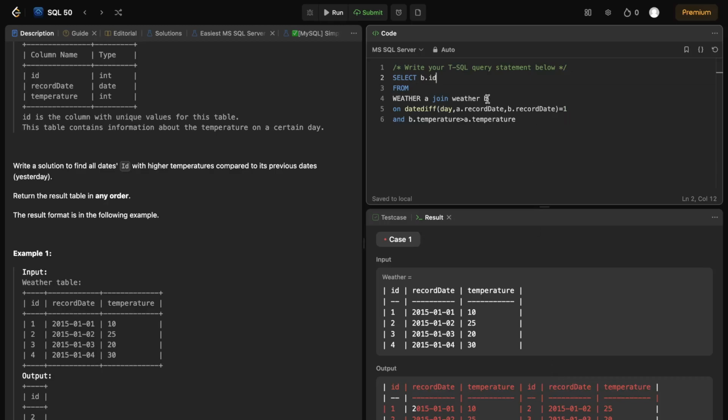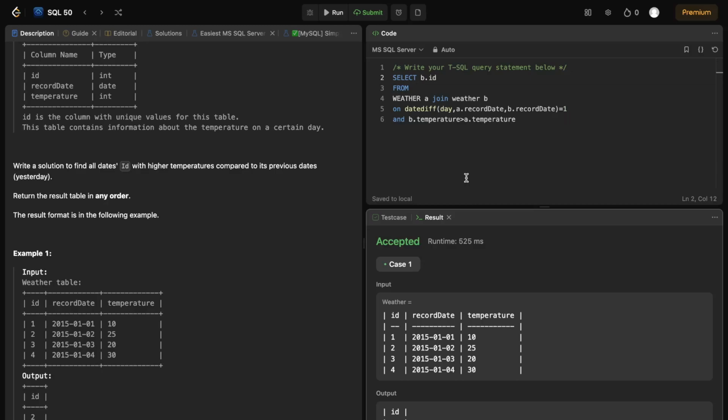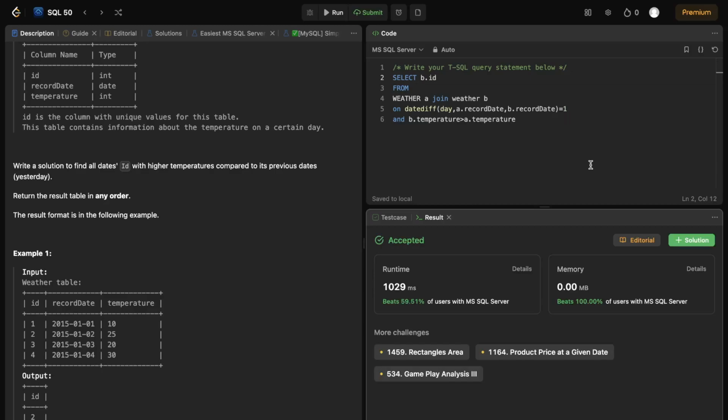Hence my select statement will be select B.id. So let's run it and see. Okay, so our solution has been accepted. Now let's submit it.